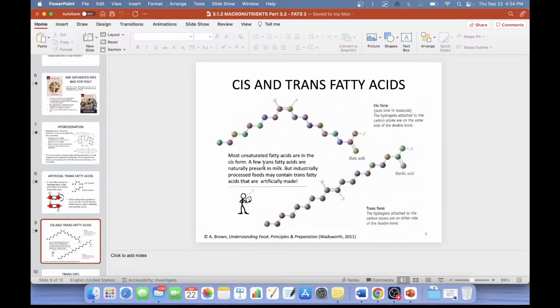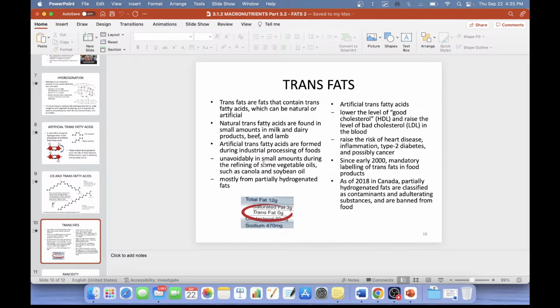Okay, so trans fats are fats that contain trans fatty acids, which can be natural or artificial. Natural trans fatty acids are found in small amounts in milk and dairy products, also in beef and lamb. Artificial trans fatty acids are formed during the industrial processing of food, namely partial hydrogenation.